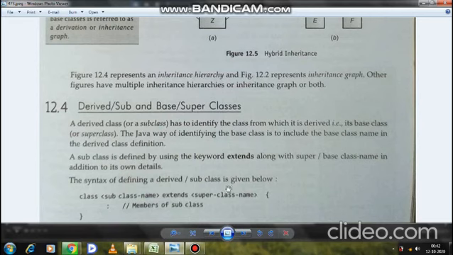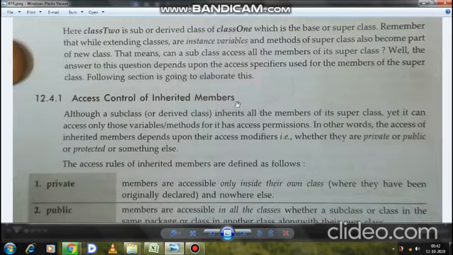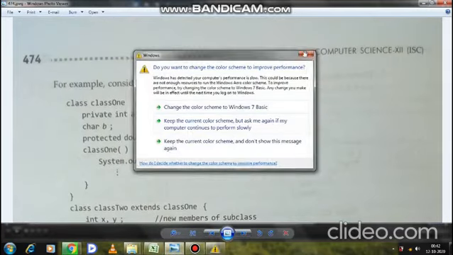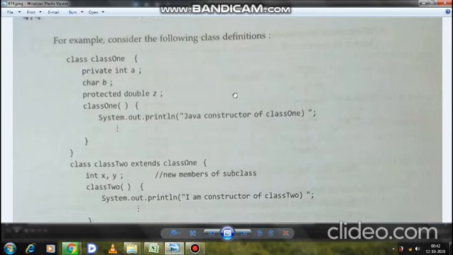See, this is the syntax. First let's see the example. Consider the following class definition.